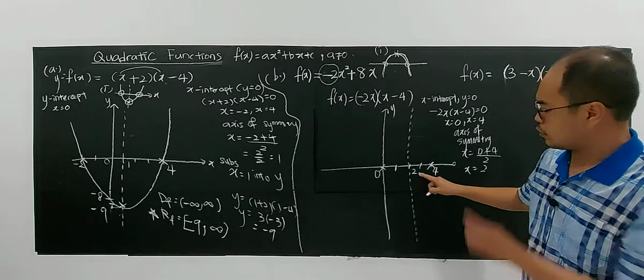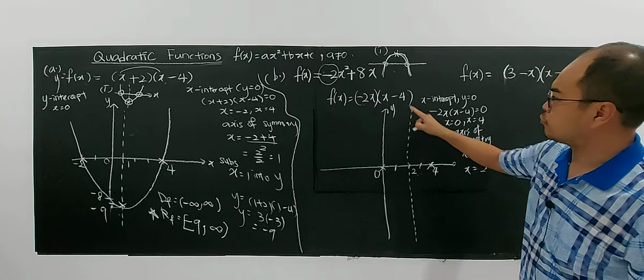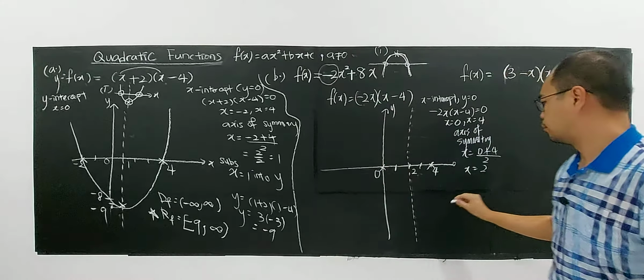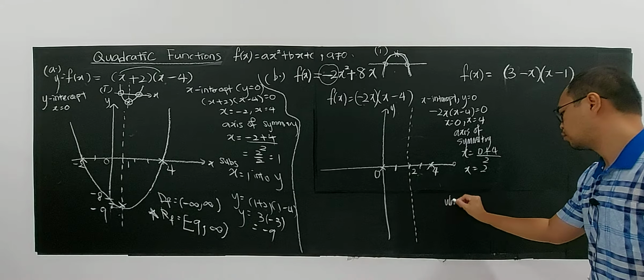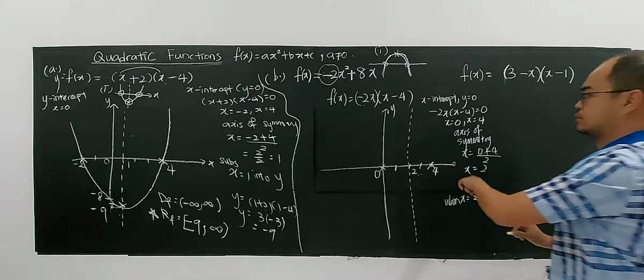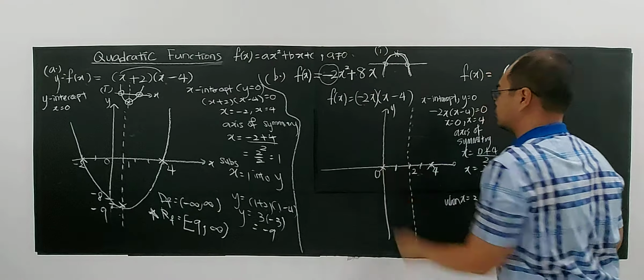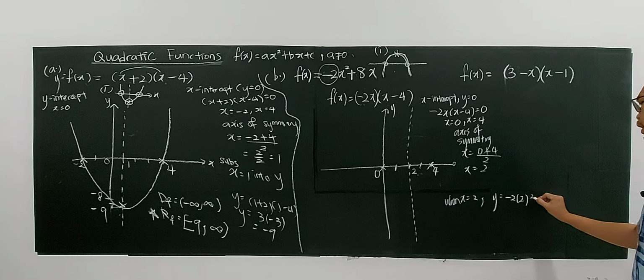So, okay, if you have 2, you have to put the value of 2 here to find the value of y, right? So when x equals 2, your value of y will be substituted into the function. So you have -2 squared plus 8 times 2.